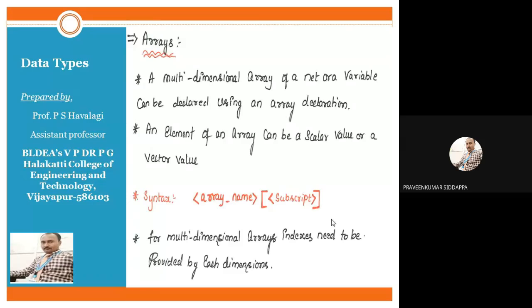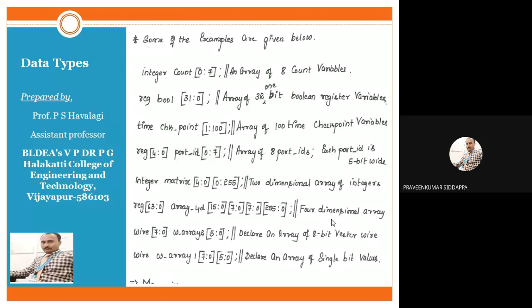We will see one or two examples of multi-dimensional arrays. We have written those examples here. This one is vector initialization, and that is what we call an array. Integer count 0 to 7 I have written.